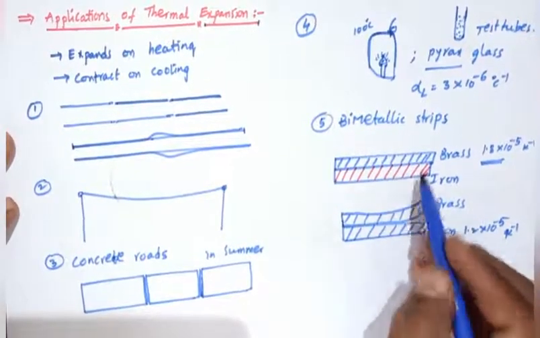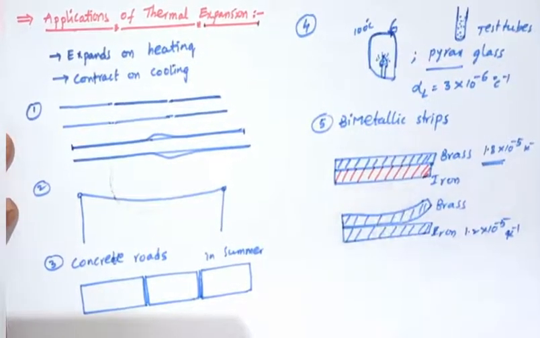After cooling, it returns to the same position. So it is called a bimetallic strip.